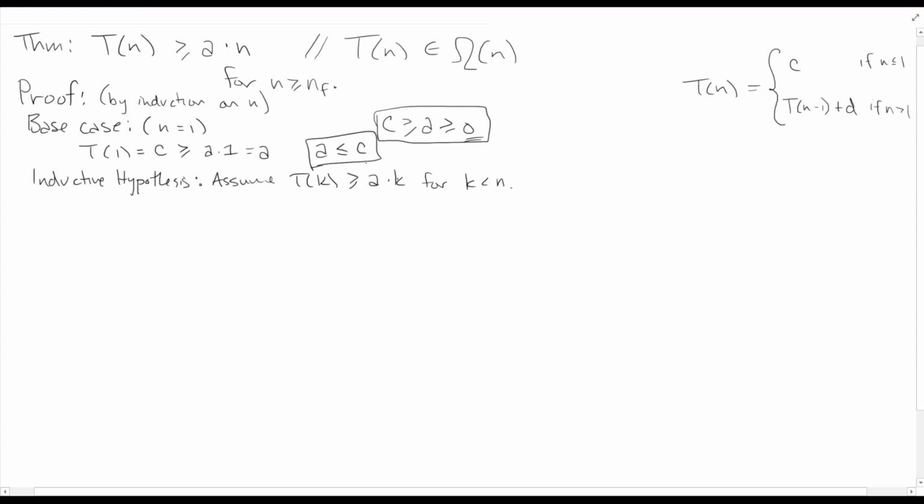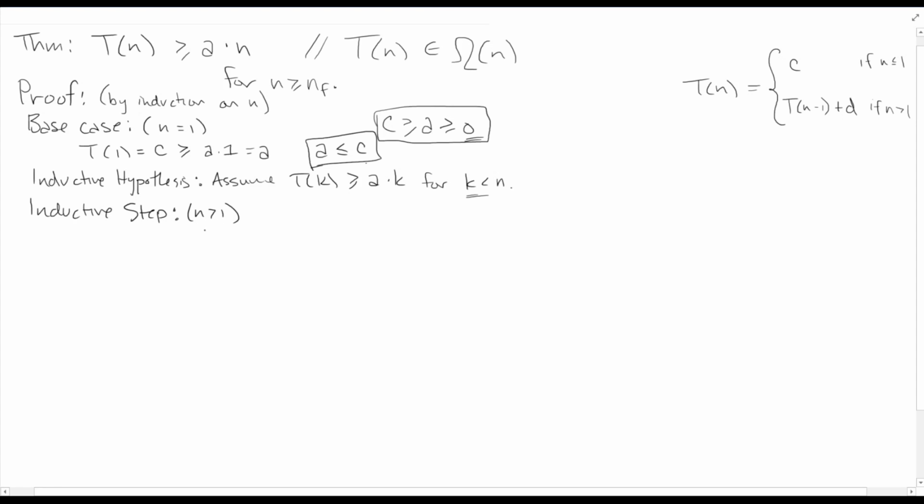Just like our last example, we're going to have our inductive hypothesis stated in terms of K instead of N. But we're going to restate what we're trying to prove. T of K is greater than or equal to A times K, but again for restricted values of K, the K that are strictly less than N. And now we can proceed to the inductive step.